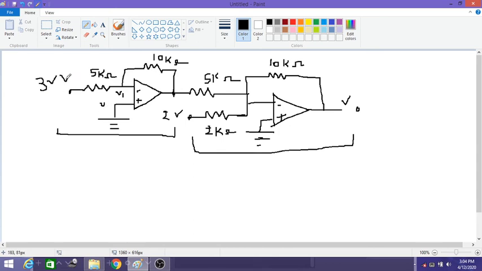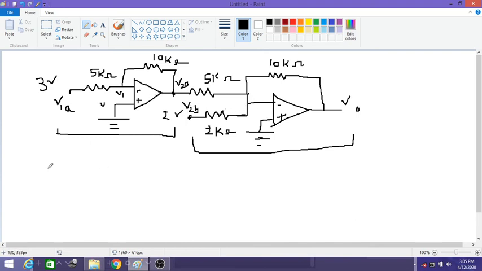Let me call this V1A. This point I will call V2A, and this I call V2B, just to avoid confusion with the same notations.